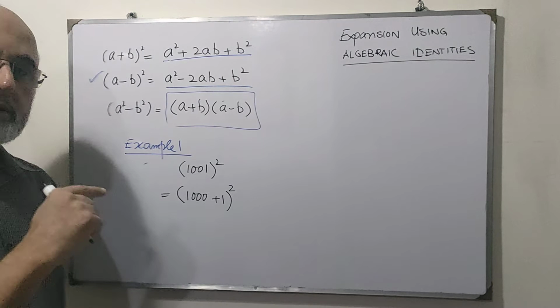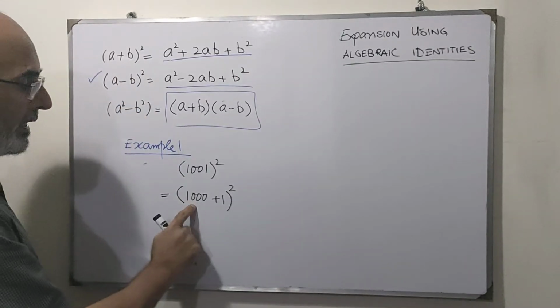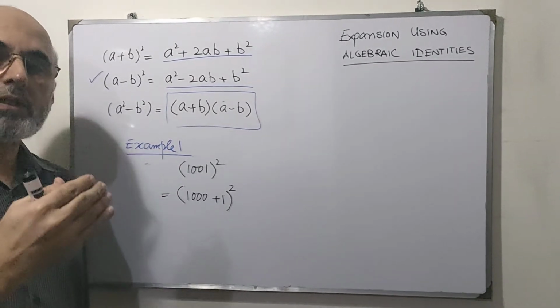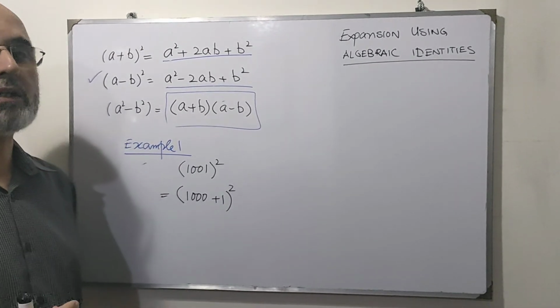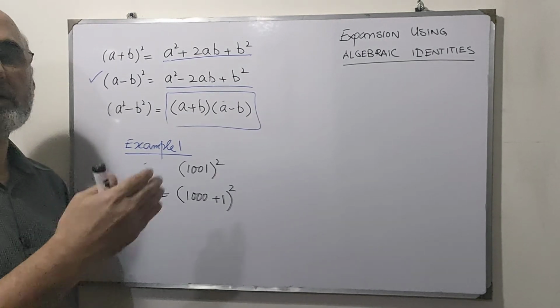So if we do like this, what are we going to get? It's a case of a plus b whole square. So instead of multiplying 1001 with 1001, we said 1001 can be written as 1000 plus 1.